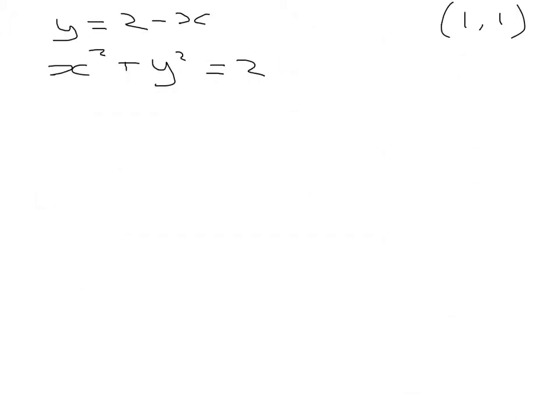Another example, we might be asked to prove that y equals 2 minus x is a tangent to the curve x squared plus y squared equals 2. So we're going to call that equation 2. Now, at the point 1, 1. Now what we're going to do is substitute equation 1 into equation 2.